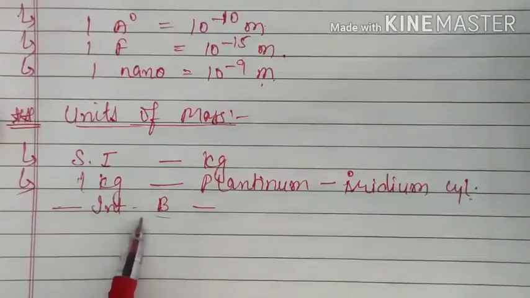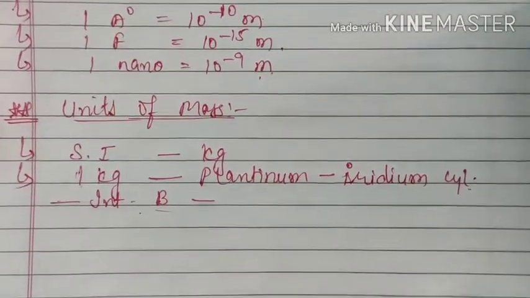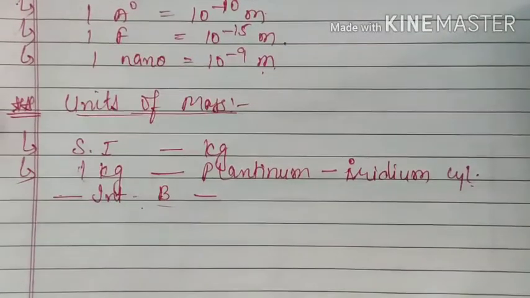But here the definition is same as we have learned in the length, but there we were learning about length, so we said a distance between 2 markings. Here we are learning about mass. So the mass of that platinum iridium cylinder, which is kept at International Bureau Paris, is 1 kilogram. So again we will consider it as a standard, and then we can make some weights with this measurement for 1 kilogram, for 5 kilograms, for 2 kilograms.